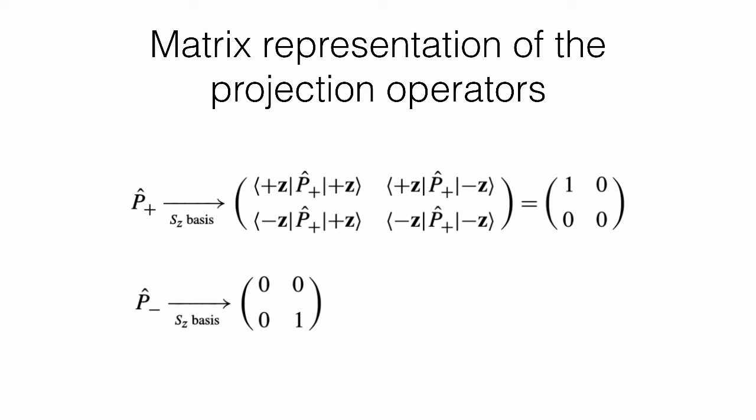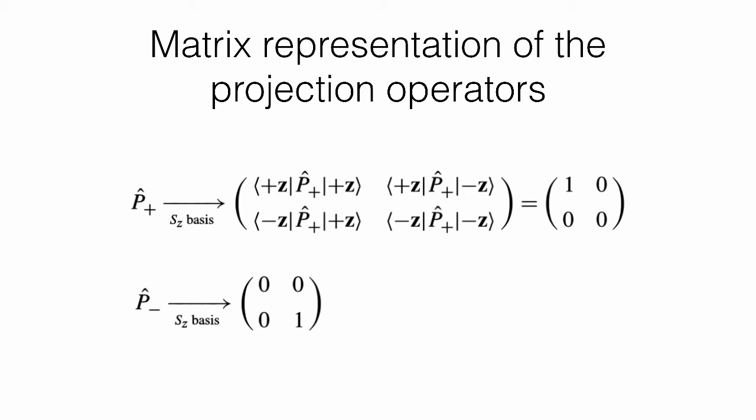We are going to use a fairly simple example, which is the projection operator. Actually, projection operators, we're going to look at both of them. For P plus, the general formula we use is right there. So we just sandwich the operator between a bra and a ket on the left and right hand side. And of course, what we find very quickly is that we get a 1, 0, 0, 0 matrix.